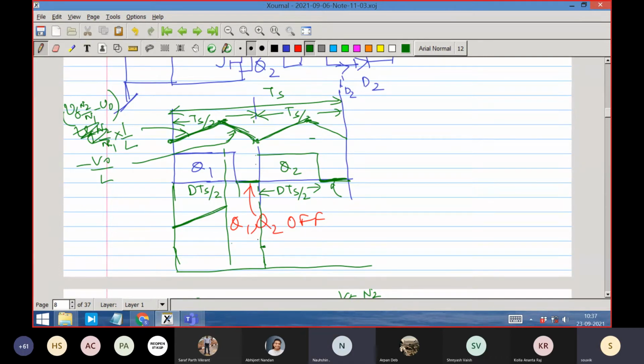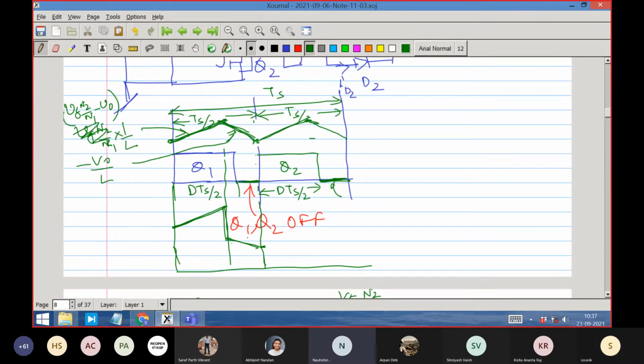Tell me. Like that line, shouldn't it be increasing till Q1 is on, right? Or is it something like Ts by 4? Which line are you talking about?